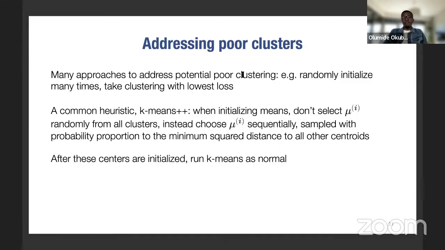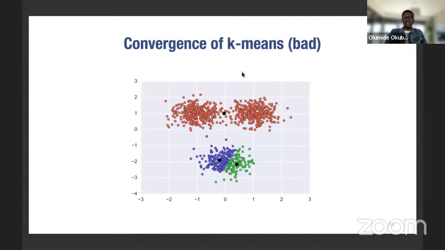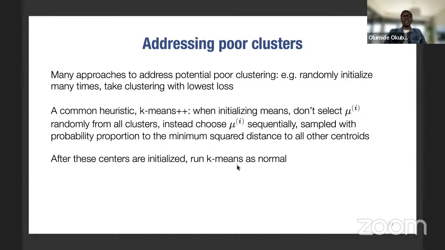One of the problems here is that these two centroids started by being way too close to each other, and by being way too close to each other, we were never able to get out of that local minima. What do we do? We make sure that our centroids to begin with are as far from each other as possible.